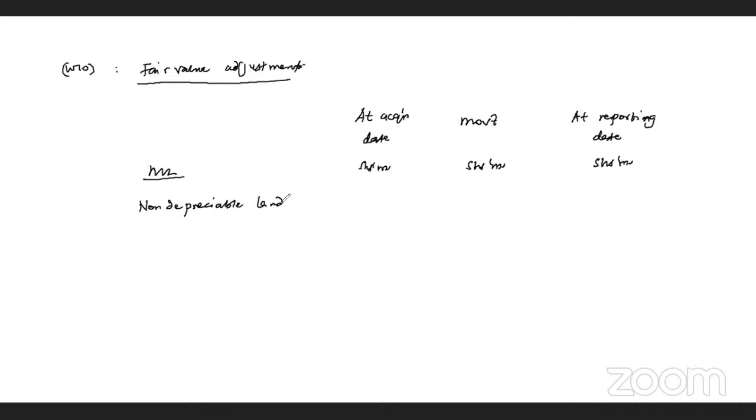When you check your working for goodwill, you see that the fair value of this non-depreciable piece of land in ML, this was working two. This was at 17.5 at the date of acquisition. Land does not depreciate.